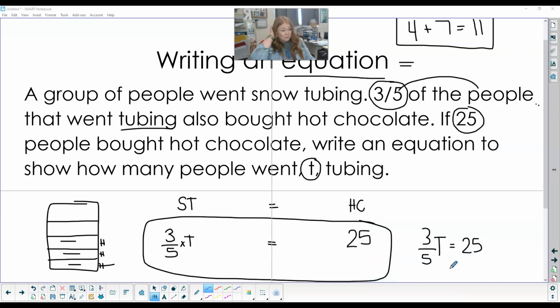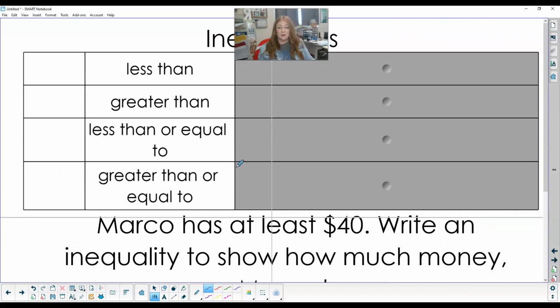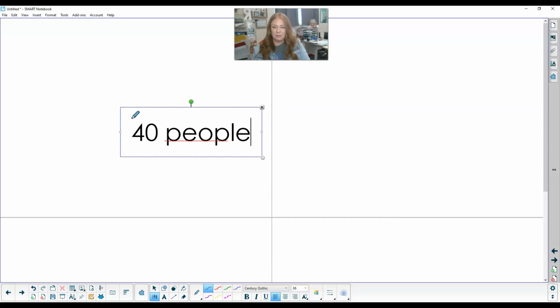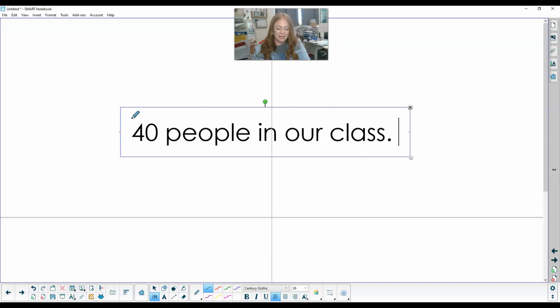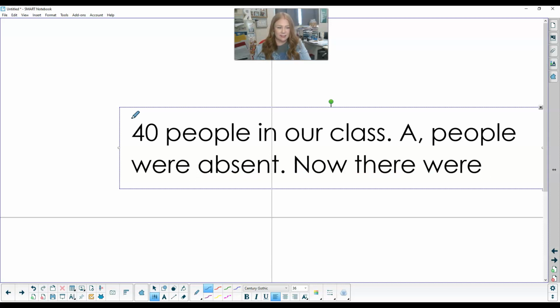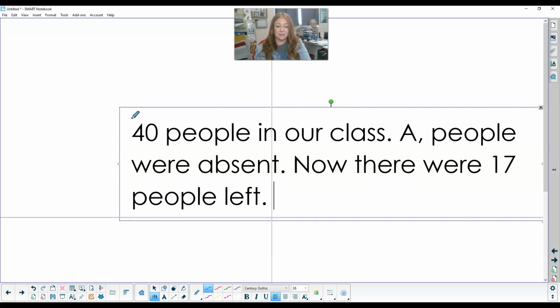There we go. Okay, so that's just one way to solve an equation. There's lots of ways to do that. If we had something telling us that we have 40 people in our class, A people were absent, and now there were 17 people left.